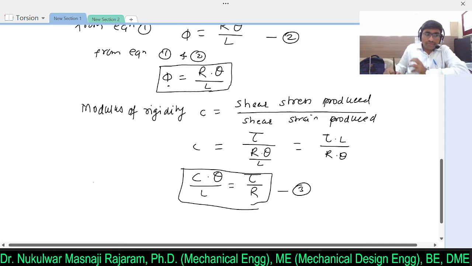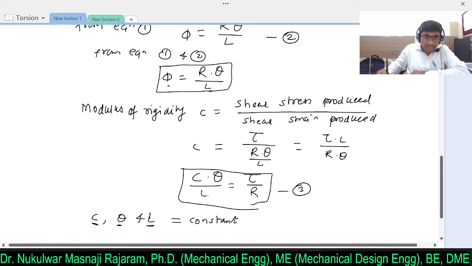Now the given shaft is subjected to a given torque T, then the values of C, theta and L will be constant. C is the material constant, so the angle of twist will remain constant, and the length of the shaft will remain constant.